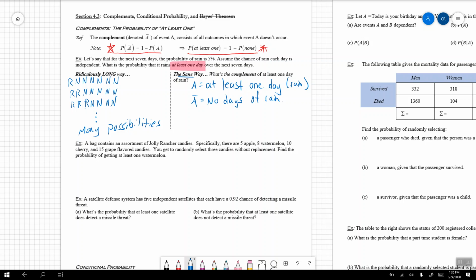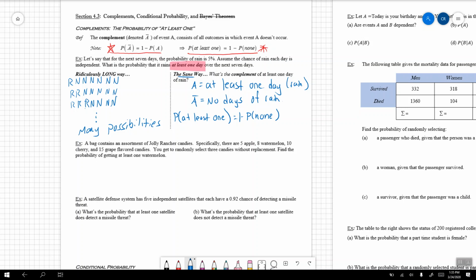So if we take this approach where we want the probability of at least one rainy day, then we get 1 minus the probability of none. But the big question is, what is the probability of none for those 7 days?